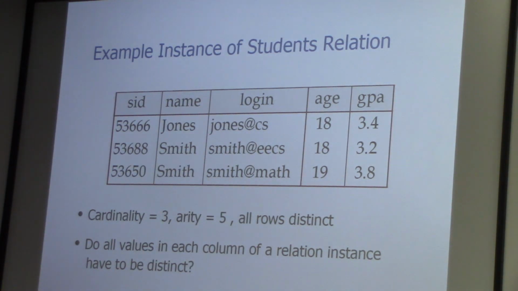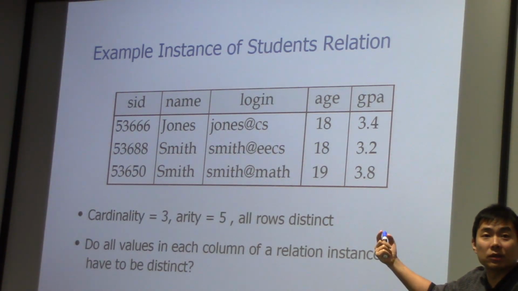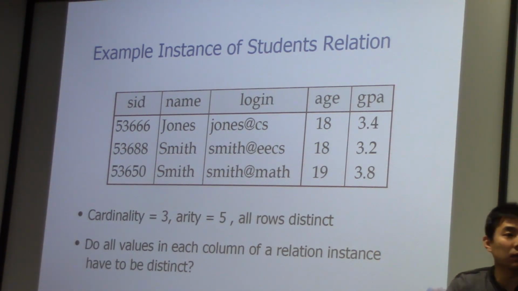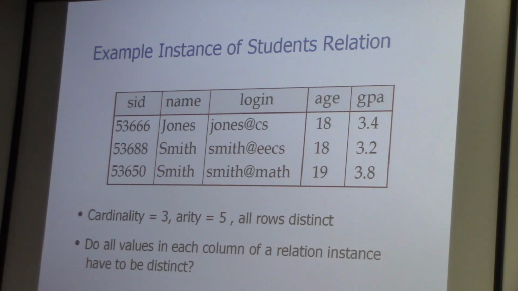You must have at least one attribute on which two records have different values. In this particular example, that attribute is SID, student ID. Intuitively, no two students can be assigned the same student ID. Like all of you, each of you has a distinct, unique UID. The university cannot assign the same UID to two different students, because if that happens, there's no way you can distinguish those two students.